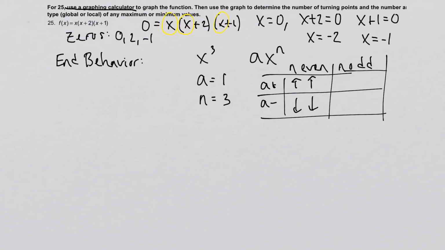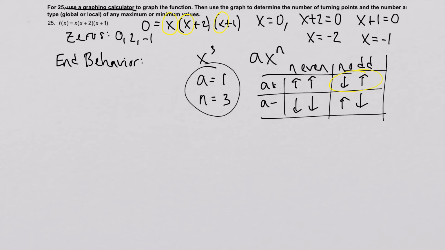Remember that? A positive with n odd, look at your notes or else memorize this already, it should be down and up. And a negative and n odd should be up and down. So using that and these two numbers right here, a is positive and n is odd, which means that my end behavior is down and up.